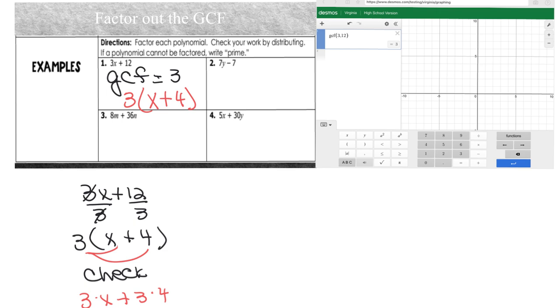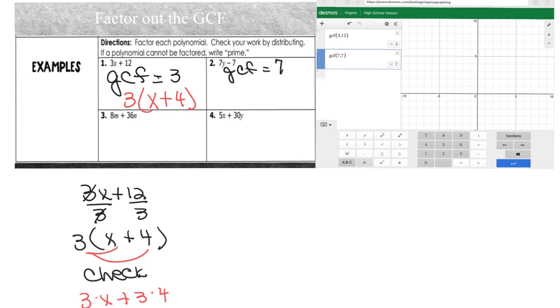All right, problem number 2. I type into the calculator lowercase GCF in parentheses 7, 7, and it tells me that the GCF is 7. So I know in this particular problem that my GCF is 7. I'm going to do exactly the same thing I did before.